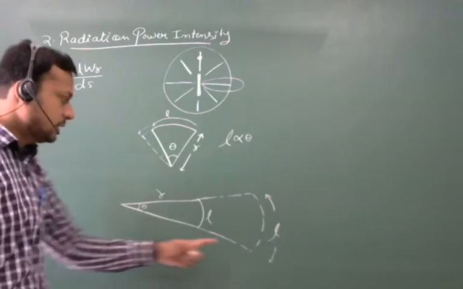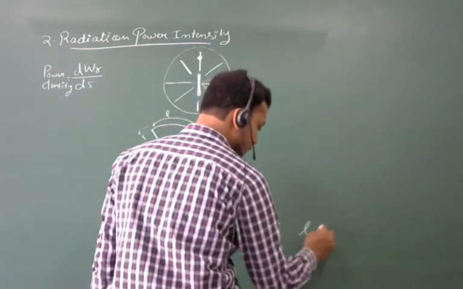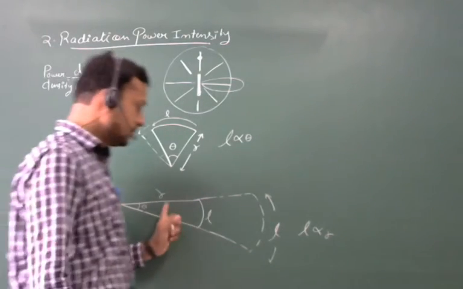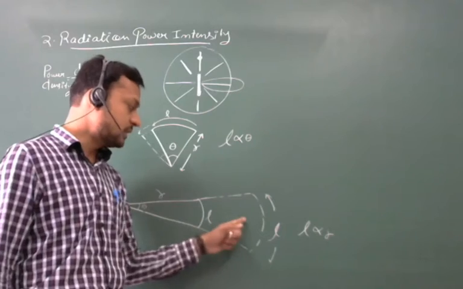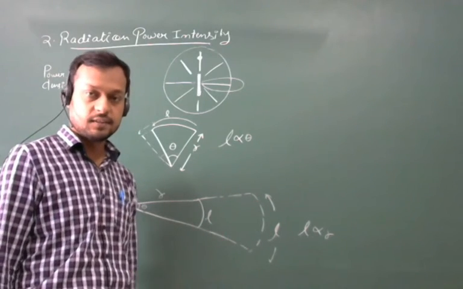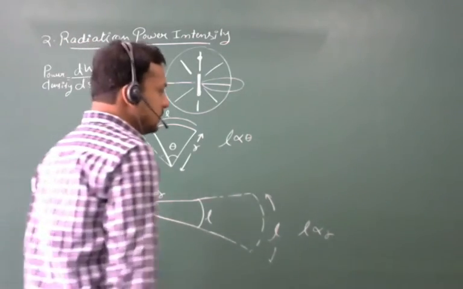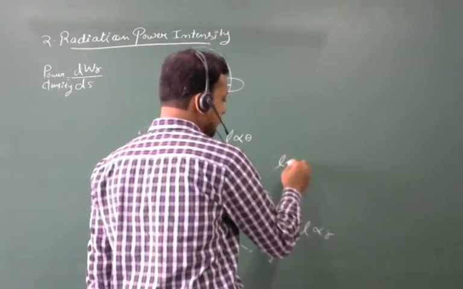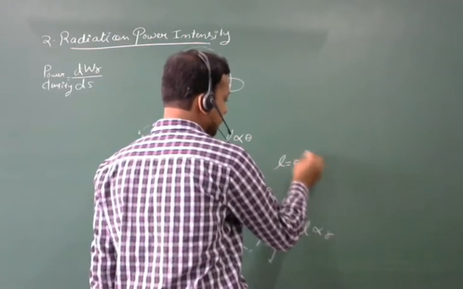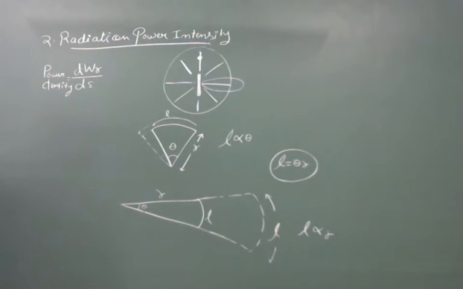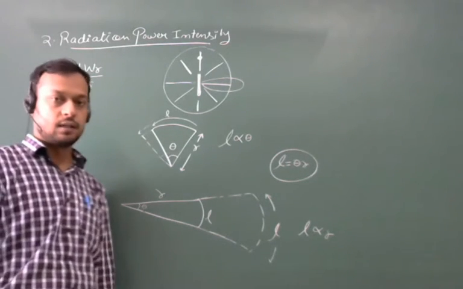So see, this L is also proportional to R. As the radius increases, this length also increases. So this shows that this L is a function of theta and R.